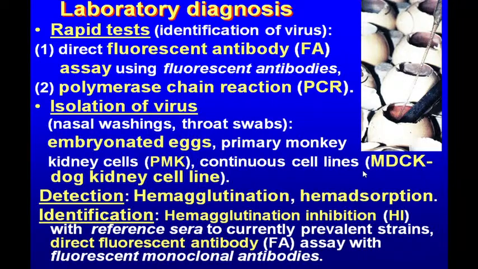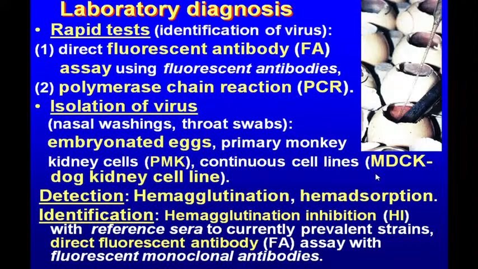Now one very good cell line is developed, and it is called the MDCK line. This is a dog kidney cell line, and M is the name of the researcher. But still, the use of embryonated eggs is most common.